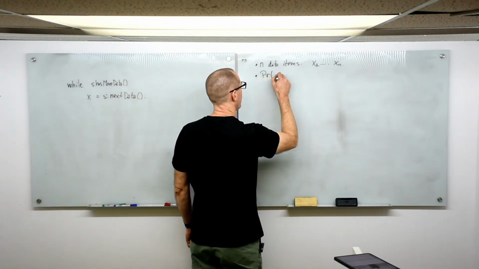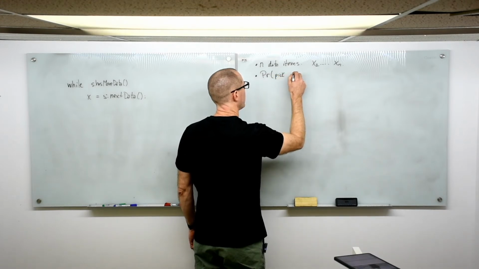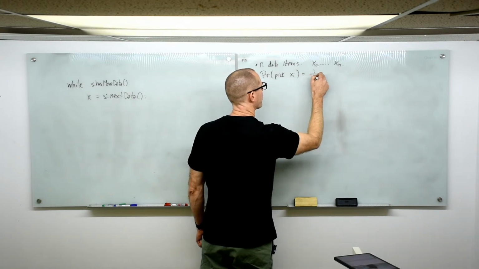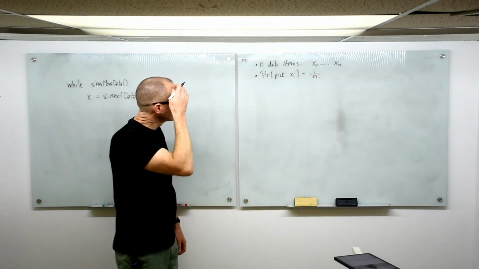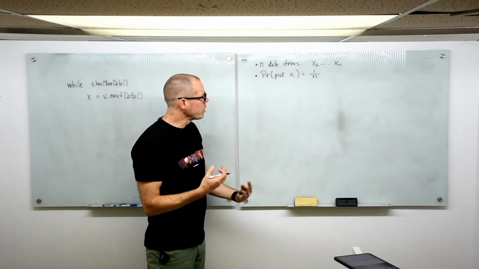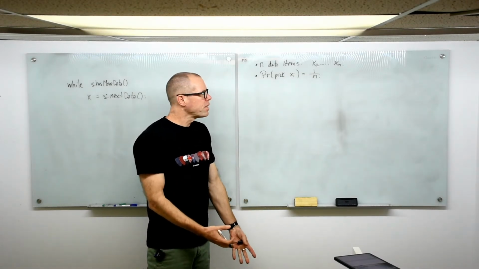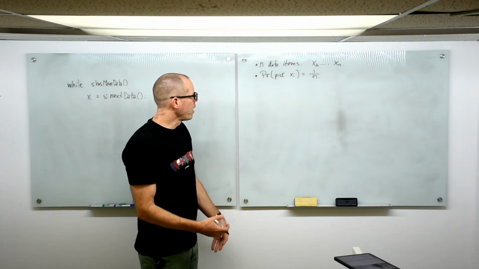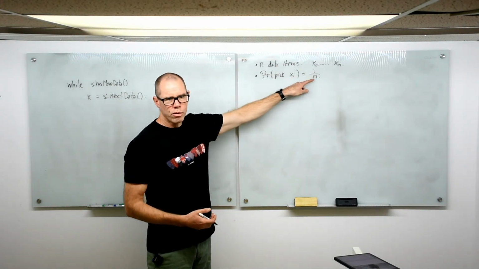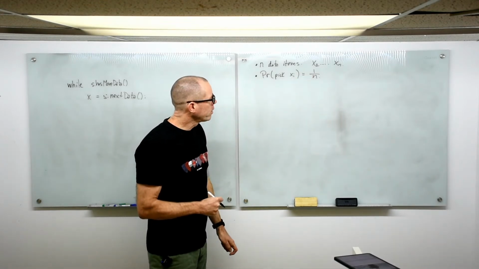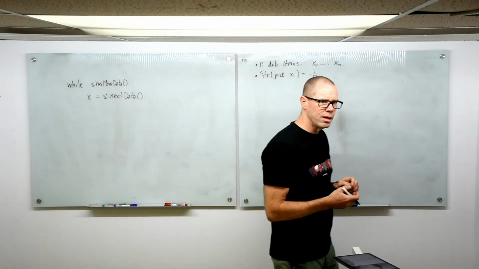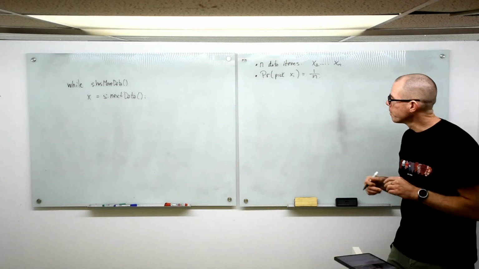The probability that we pick xi should be 1 over n. That's what we want. So n data items come in one at a time. At the end of this process, we output a random sample, and the probability that our random sample happens to be xi is 1 over n. And that's true for any i. Then our random sample really is a uniform random sample. Everybody's equally likely to be picked.